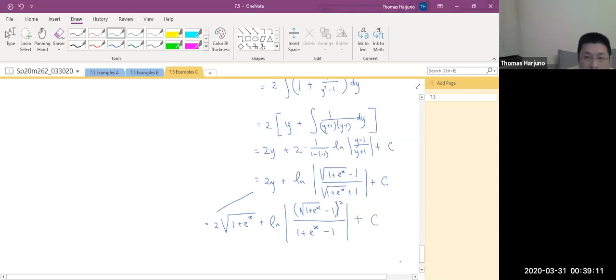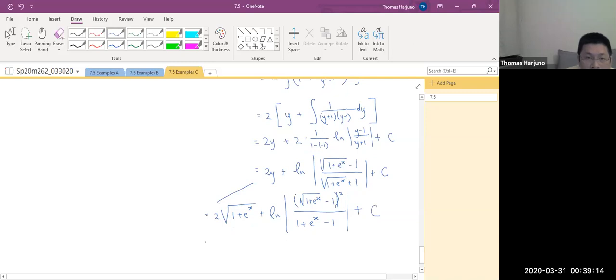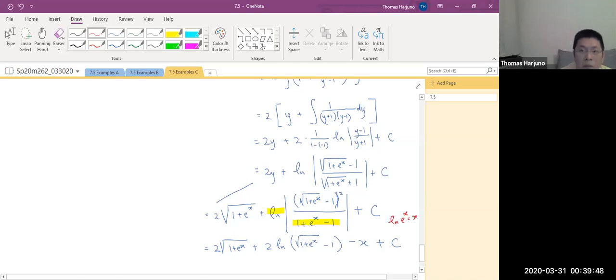And that is 2 ln of the square root of 1 plus e to the x minus 1, while at the bottom there will be minus x. This guy here, minus ln of e to the x, right? Ln of e to the x is equal to x. Okay?